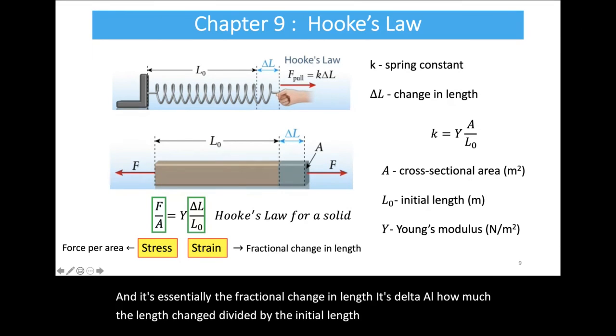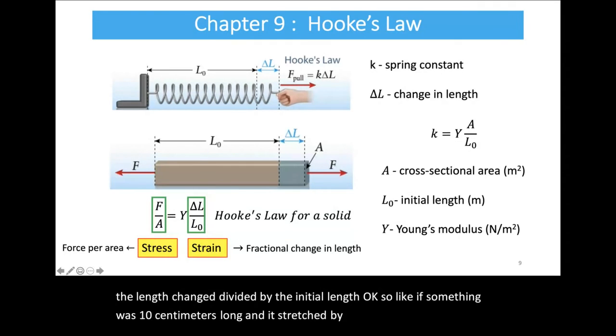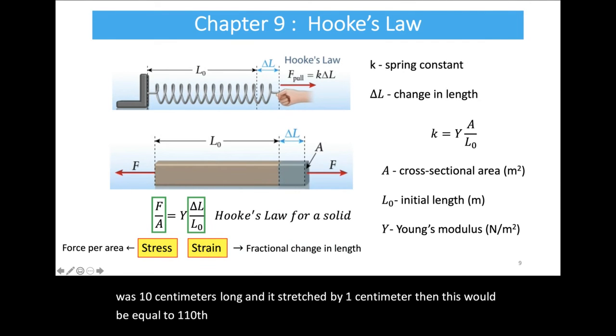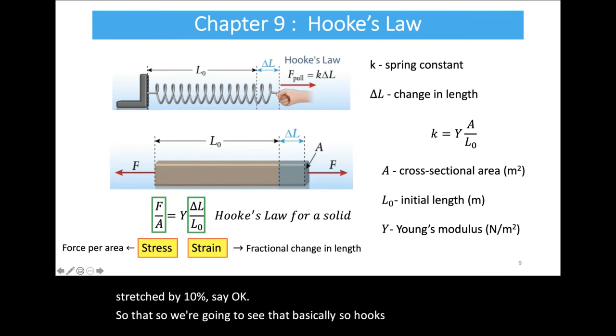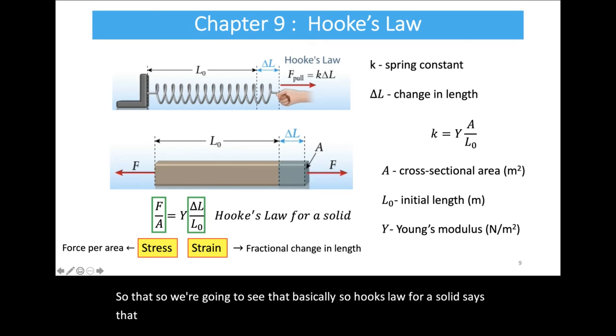If something was 10 centimeters long and it stretched by 1 centimeter, this would be equal to 1/10, and if you multiplied that by 100%, you could say it stretched by 10%. So Hooke's law for a solid says that the stress applied to an object is equal to Young's modulus times the strain.